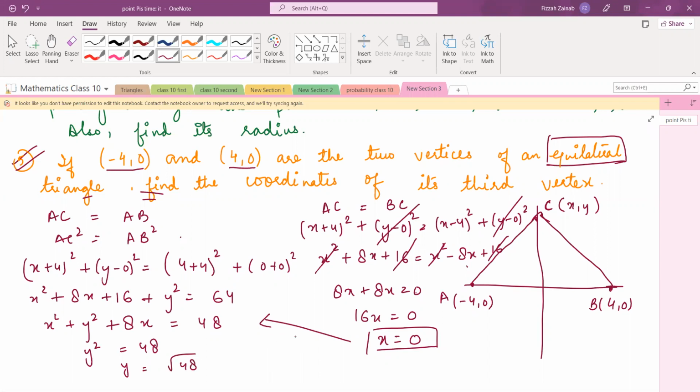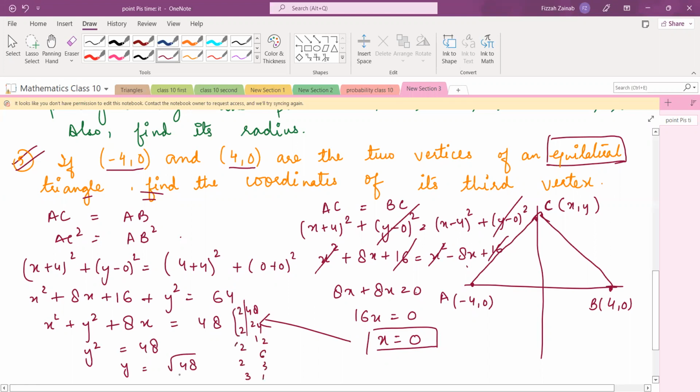Just take prime factors. So 48 is 2 into 24, 2 into 12, 2 into 6, 2 into 3, and 3 into 1. So 2 and 2, right? So it will be 4 under root 3. That's it. And obviously plus minus because it's a square root, right? So you get two values, plus and minus.